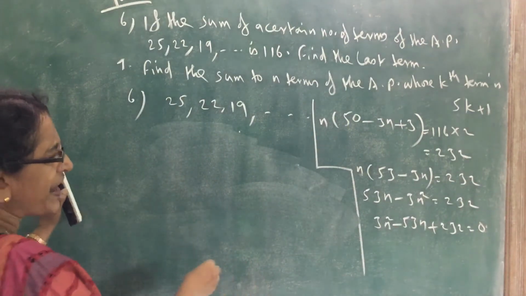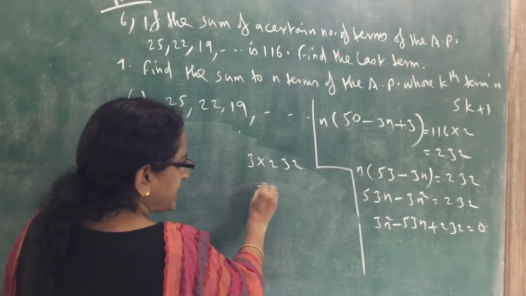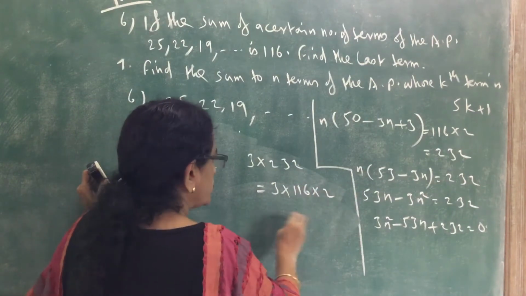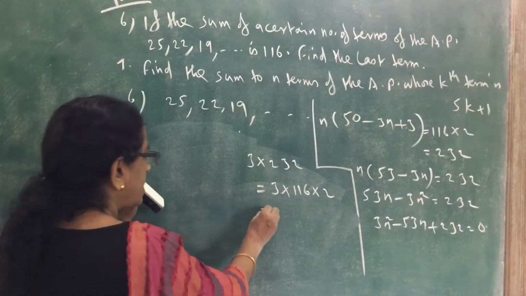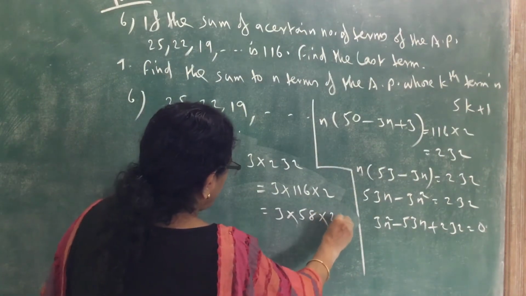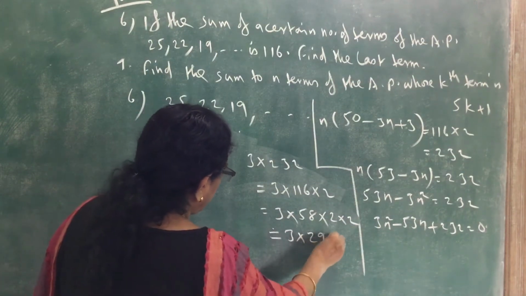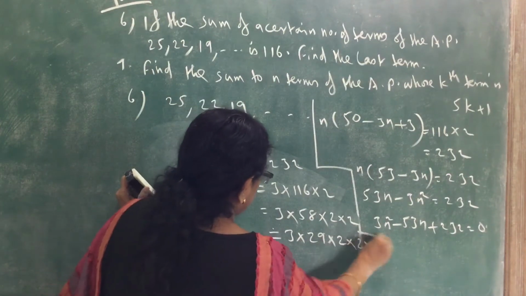So here we can factorize. What is 3 into 232? That is 3 into 116 into 2. Now when we factorize 116 again, how can we write? 3 into 58 into 2 into 2, that is 3 into 29 into 2 into 2 into 2.